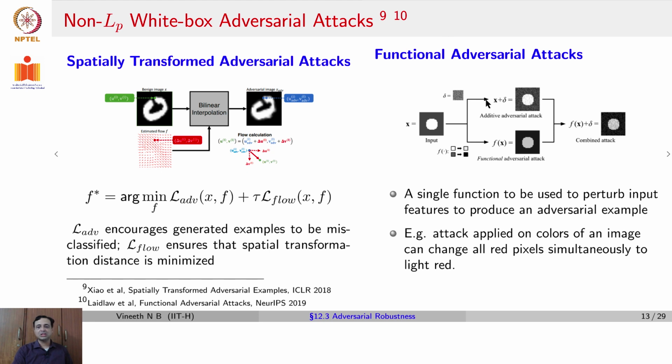Those are known as functional adversarial attacks, and then you can combine the additive and the functional attack to get a combined attack. An example here is you could now apply an attack to change all red pixels in an image to light red pixels. Remember, this is not additive but an intensity scaling operation which would be considered a functional attack.